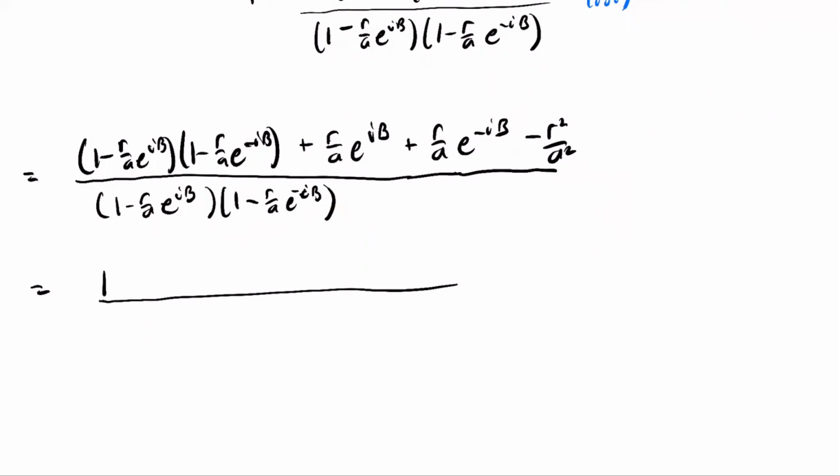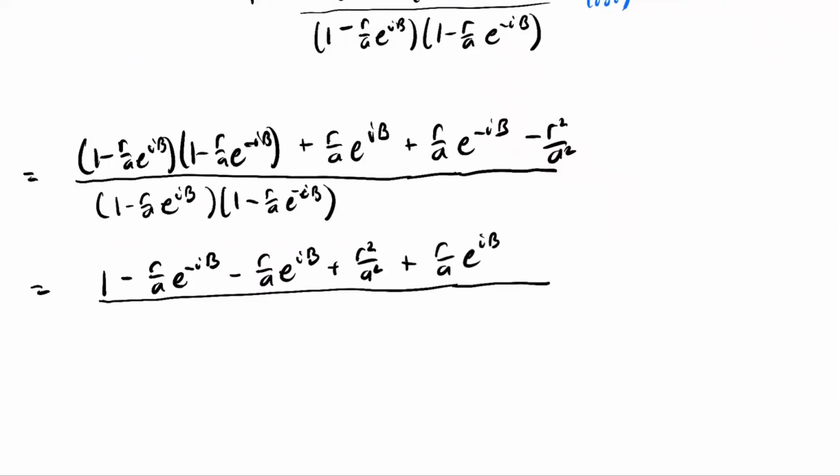We get 1 minus r over a e to the minus ib minus r over a e to the ib, right? And then finally, plus r squared over a squared, right? And then a lot of that's going to cancel out with what we have already. I have r over a e to the ib plus r over a e to the minus ib minus r squared over a squared.